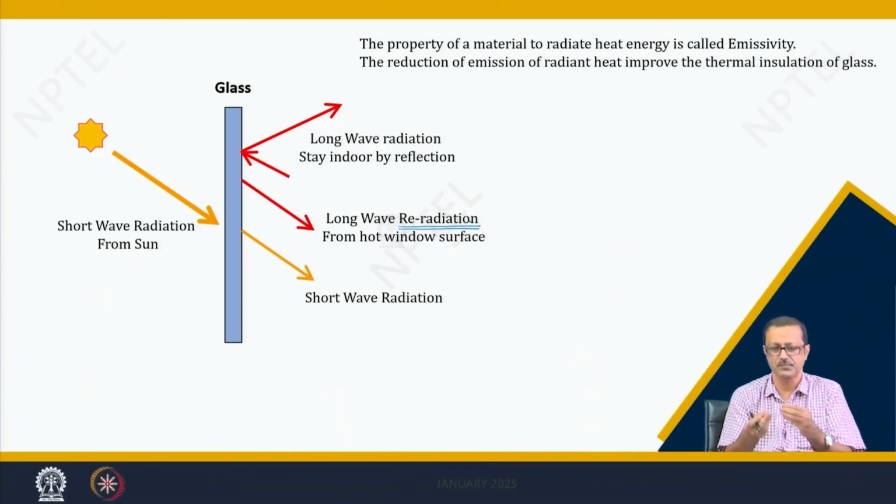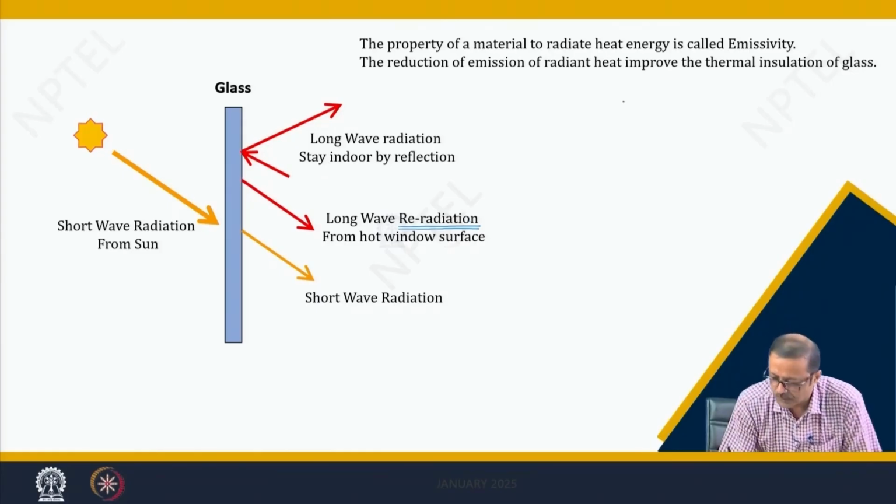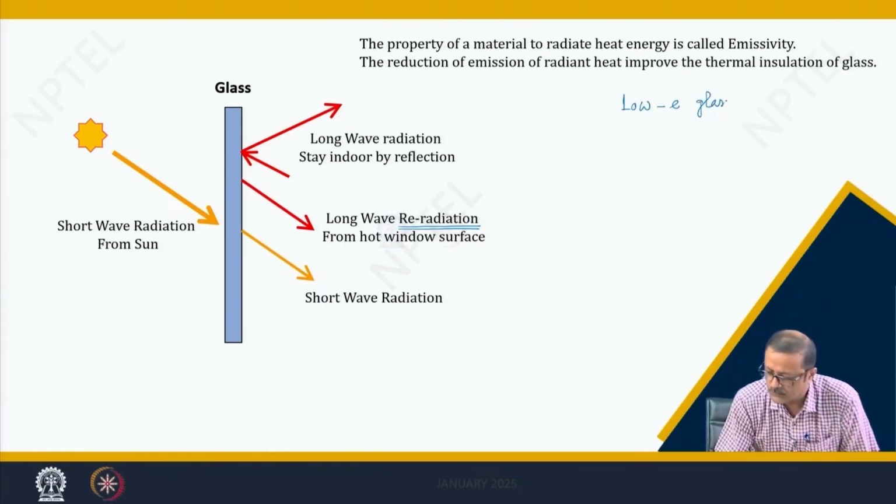So, if I put some protective layer or some other material that will not emit, that will not radiate that much, automatically the long wave radiation will be less. So, that kind of low emissivity material we can think of, and it is available in the market. That is called low E glass.